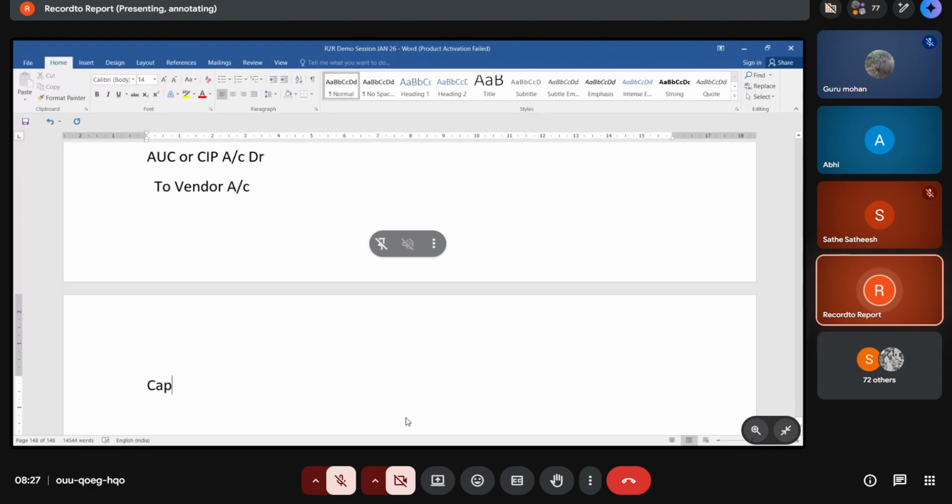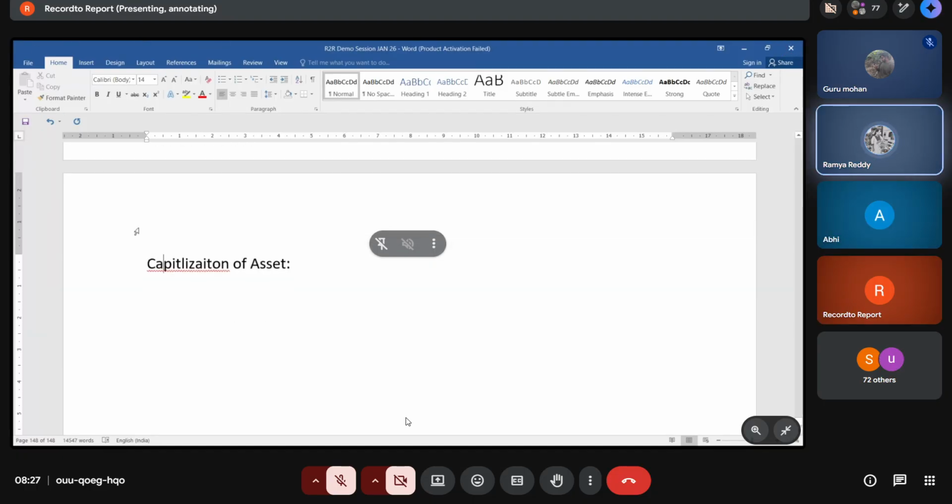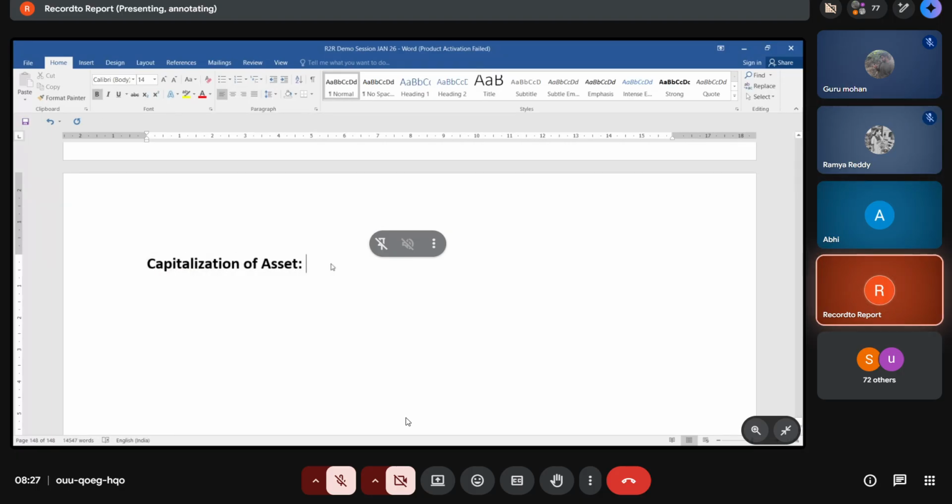So while capitalizing the asset, what entry will we record? Go back and check the fixed asset cycle, I explained it. The entry is: asset account debit to asset under construction account. Clear?